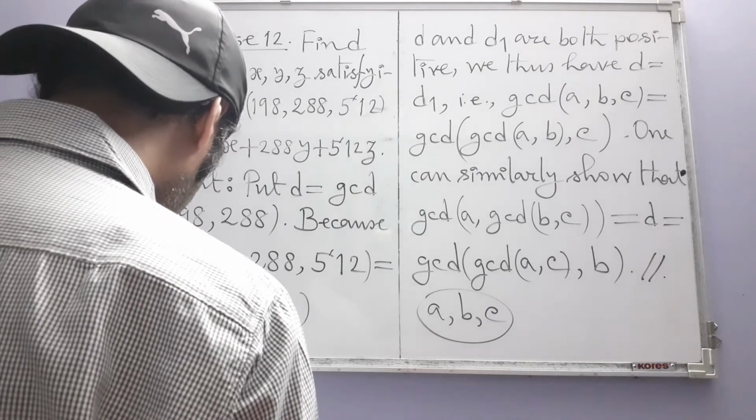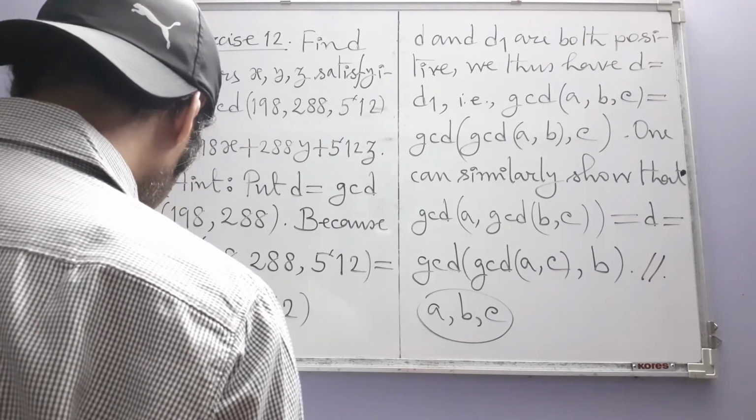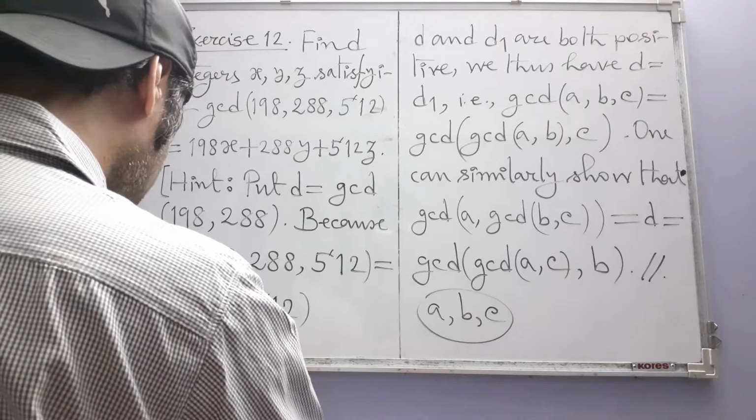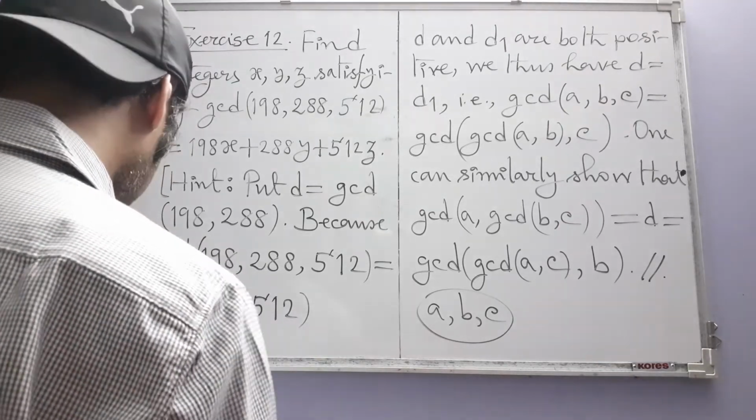First, find integers u and v for which this GCD is a linear combination of D and 512.